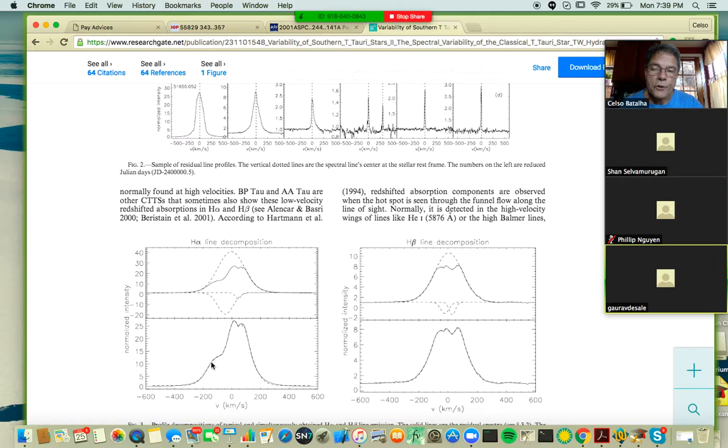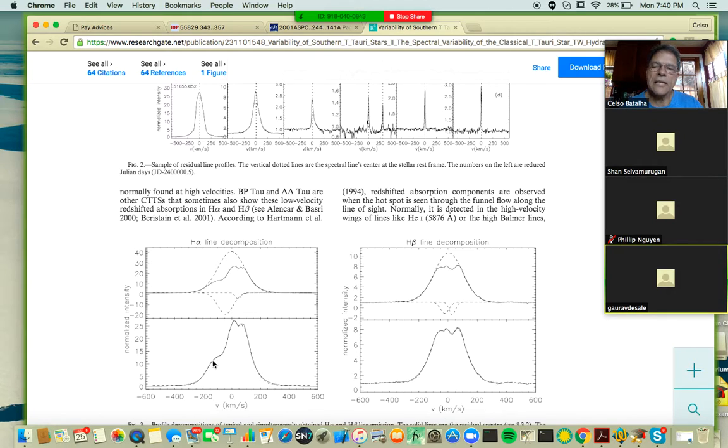And all these other components come from gas or cells of gas that have a given projected velocity. And this is 200 kilometers per second. Negative means it's going away from you, and the positive part means it's gas that is going towards you. So we have a blue shifted part of the spectrum and a red shifted part.